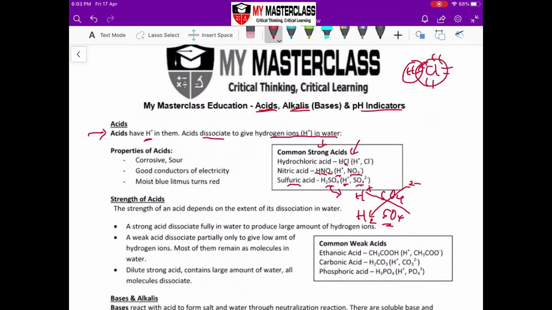Covalent compounds are usually not soluble in water. But now that it is an acid and it has hydrogen ions, this actually makes it very special. So this type of covalent compound, or this acid, will be soluble in water.